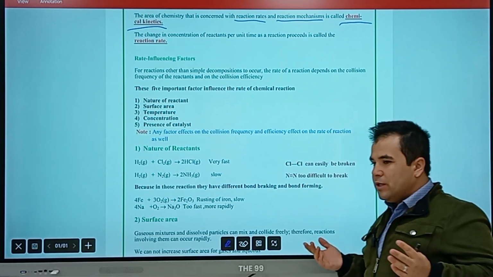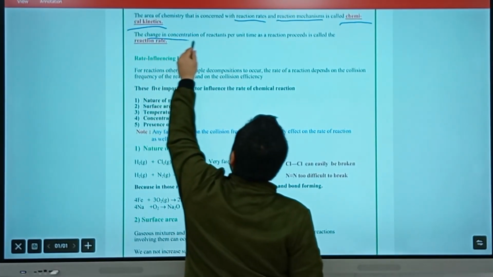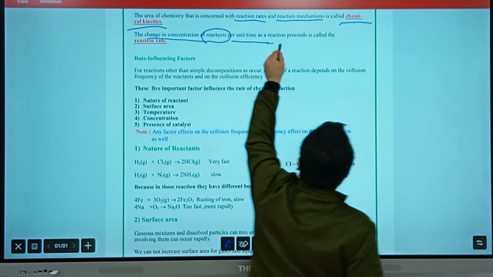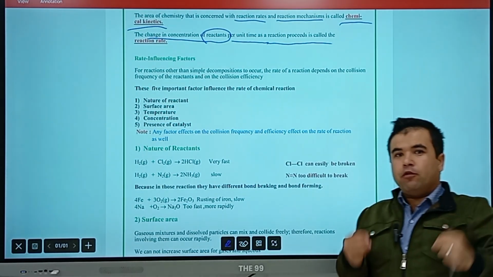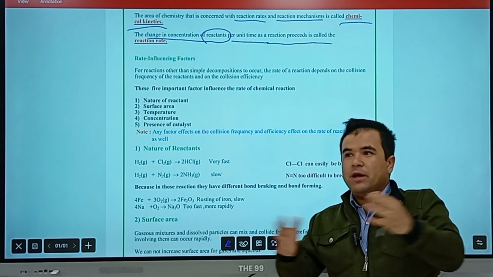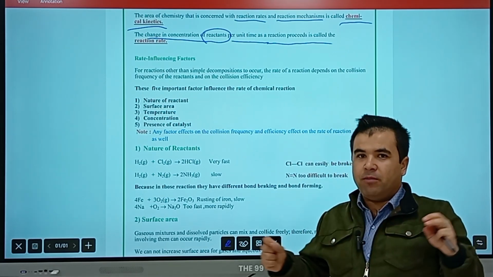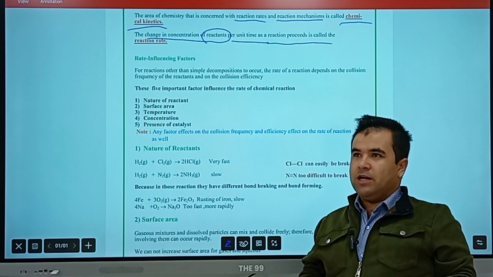What's a reaction rate? The reaction rate is the change in concentration of reactant per unit time as a reaction proceeds. So in this section, we will just be talking about the reactant side. We will not talk about the product side. Why?